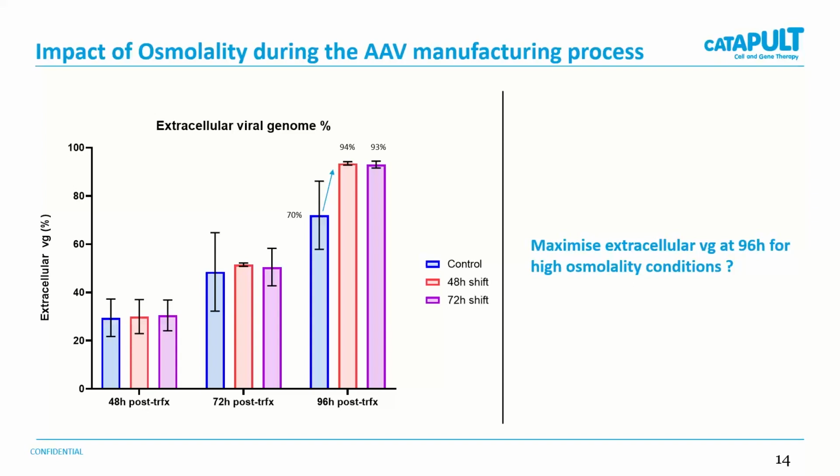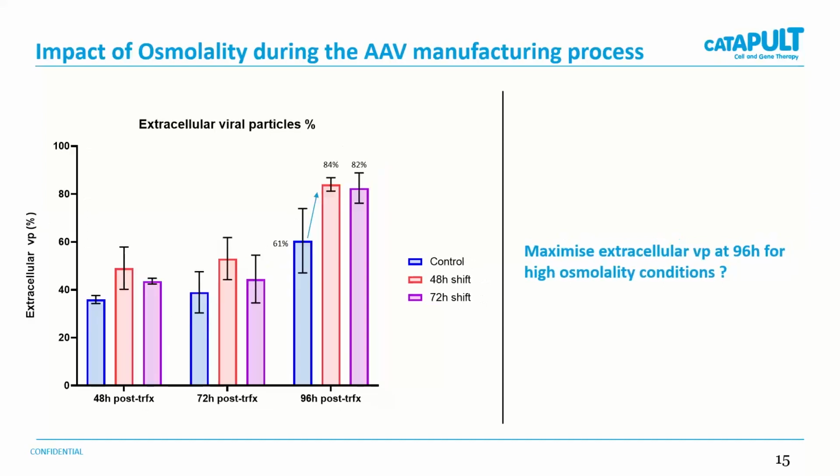Interestingly, if we have a look at the same thing for viral particle, we have the same trend. This time it's slightly lower in terms of extracellular viral particle: 84, 82% for both conditions that had a shift, compared to 61% for the control condition.